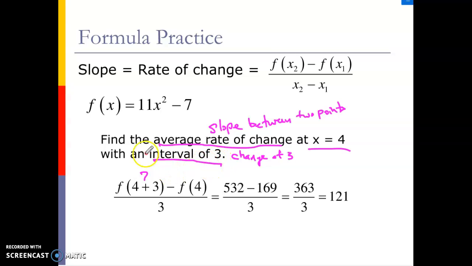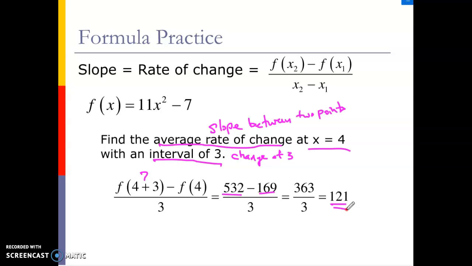Once again, take that 7, plug it into this calculation, square it times 11 minus 7, and that's where this 532 comes from. Take 4, square it, 16 times 11 minus 7, and that's where hopefully I get a 169. Take the difference, divide by 3, and I've got a slope of 121.